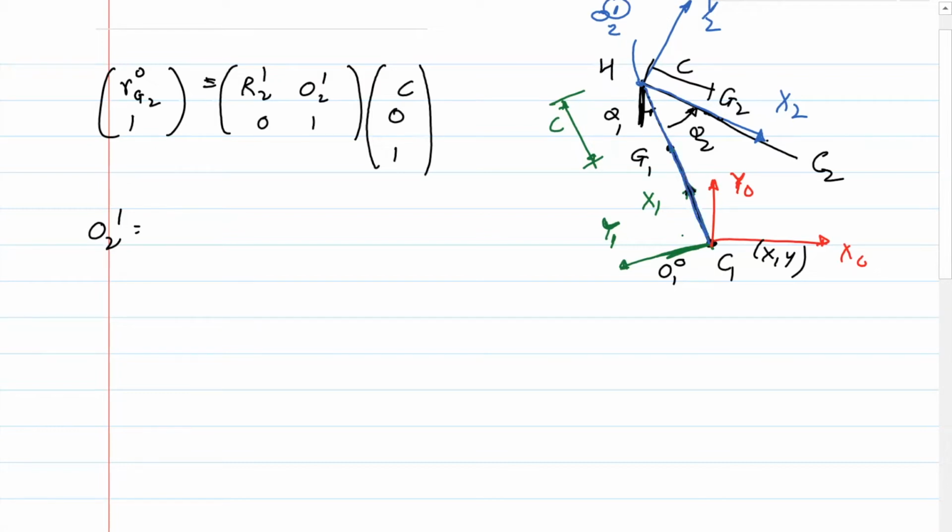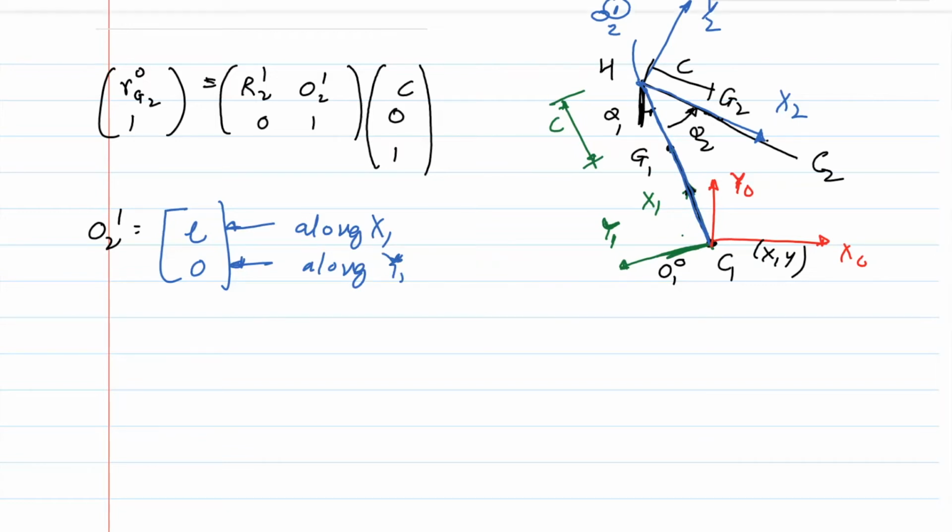So in frame 1, point O2 has a local coordinate of L because it's along the x1 axis. The y-axis is 0, and then there's 1. So just L and 0. So the x, this is along x1, along y1, it's 0.